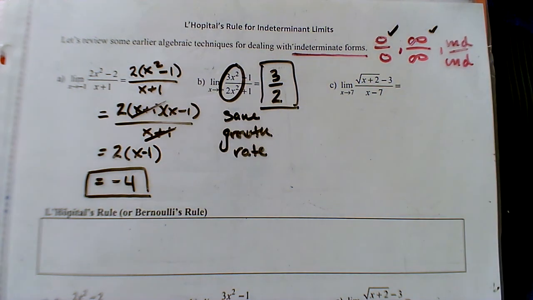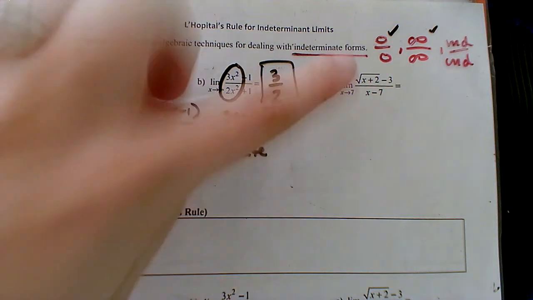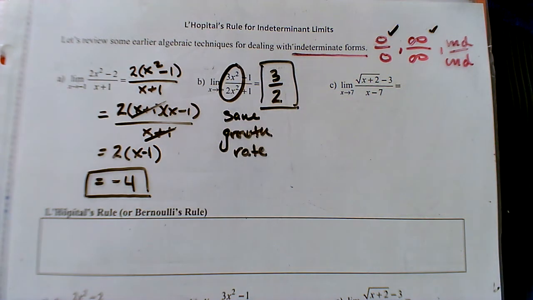So at the beginning of the year, how did we get around that issue when we were working with a square root? Major brownie points if you can remember this. I know it's been a while.